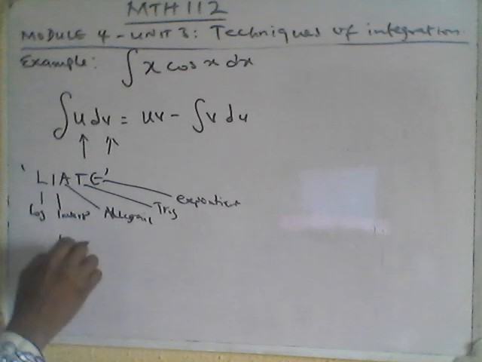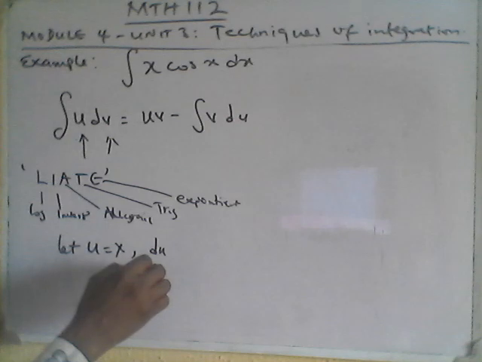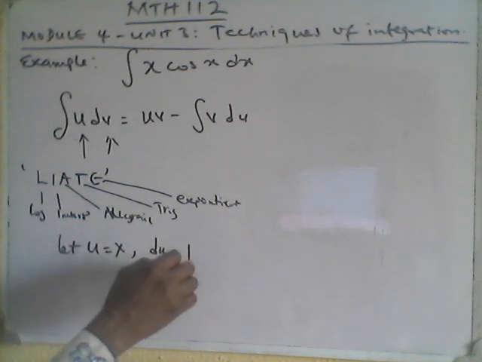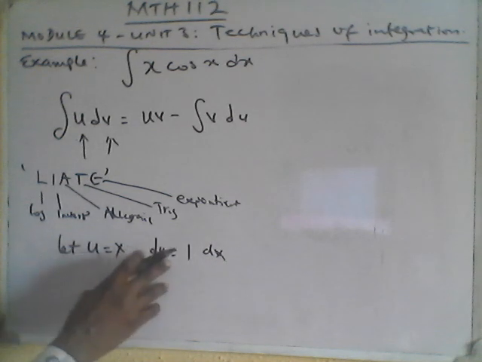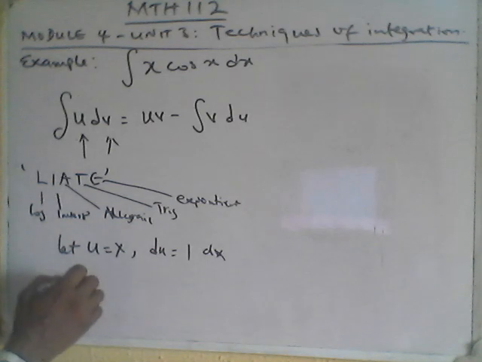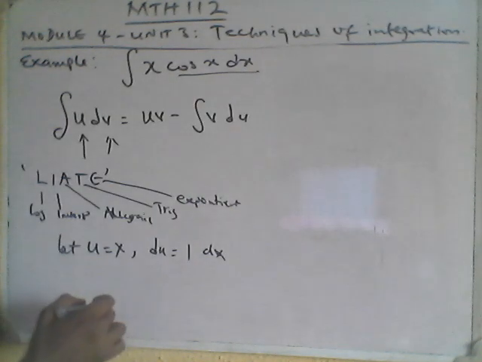So let u be x and du is equal to 1 dx, right? Because du/dx is 1. If I differentiate x, I get 1. Then if u is x, the remaining thing is dv.